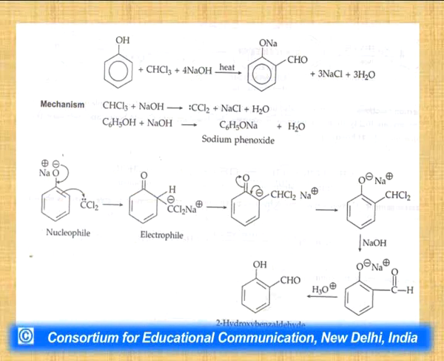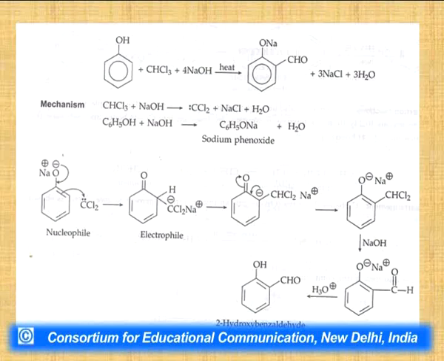You can see in the incoming slide that when phenol reacts with chloroform and sodium hydroxide, you will get the product 2-hydroxybenzaldehyde. The mechanism is as follows. The base abstracts a proton and then there is an elimination of chloride ion, hence dichlorocarbene is the intermediate.